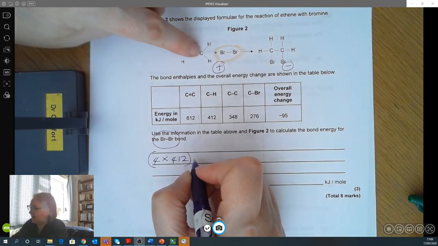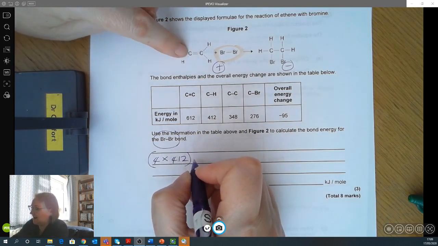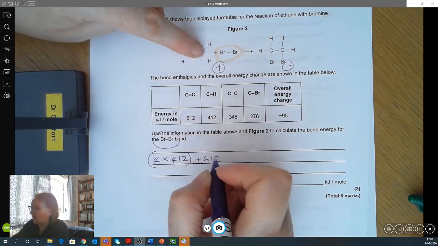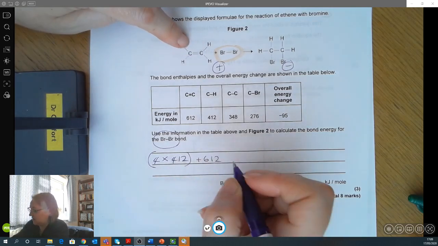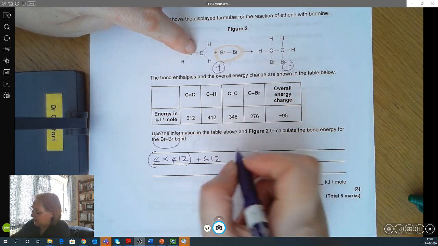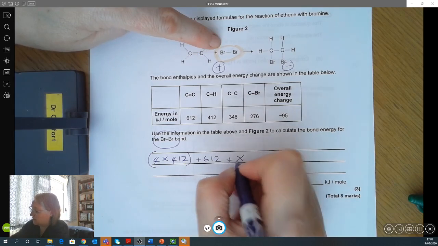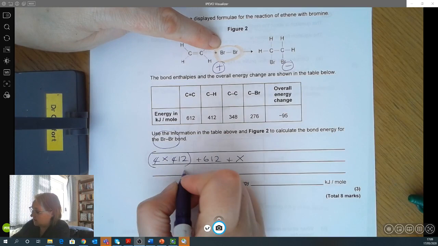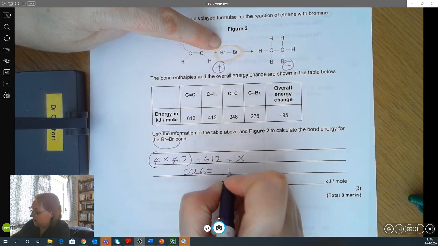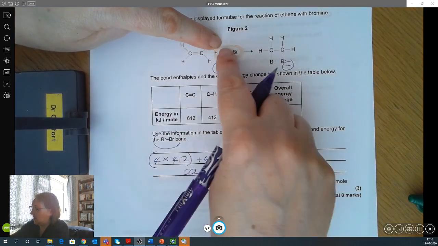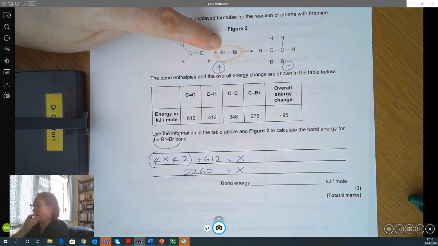I then have my C=C double bond here, which, to be honest, is always the one that people forget. So don't forget those carbon-carbon bonds. I've got my carbon-carbon double bond there, and then I have my X, the one that I don't know. So I can calculate all of that and find out it's 2260 plus X that will be how much energy is taken in when the bonds are broken.